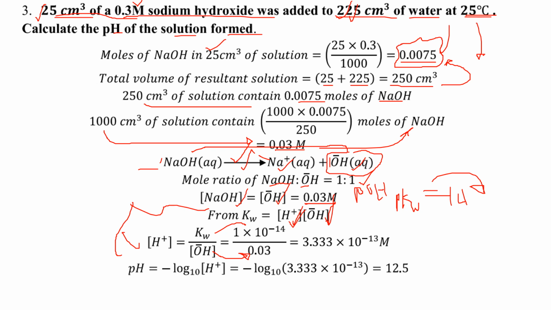So you're going to get 3.333 exponential negative 13 molar as the hydrogen ion concentration in moles per liter. pH is equal to negative logarithm to base 10 of the hydrogen ion concentration of any solution. Substituting for the hydrogen ion concentration, we remove the square brackets and retain the curved brackets. So you remain with 12.5 as your pH.